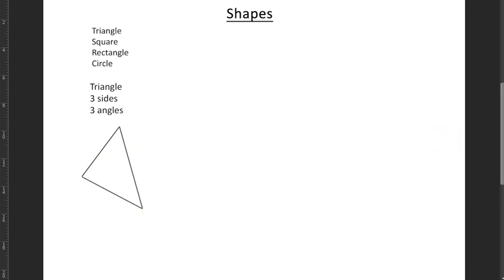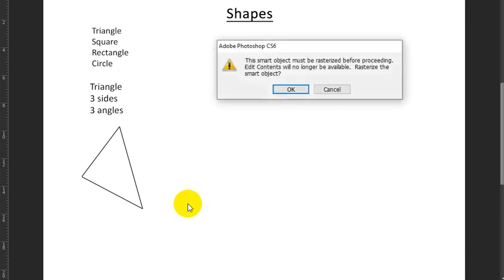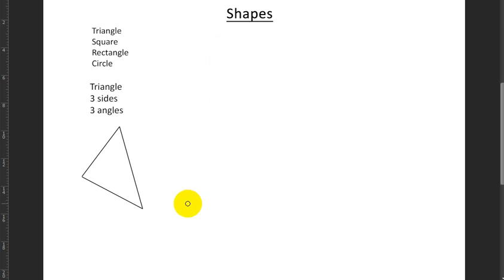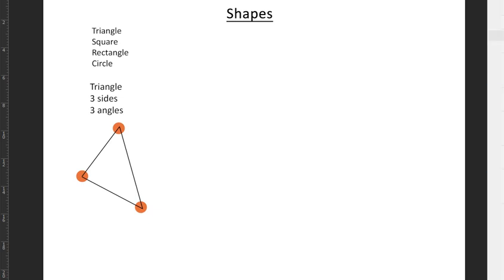Let's actually color the angles so that you can see them a little better. One is here, one is here, one is here, and specifically I'm not talking about just any part of the place where they meet.